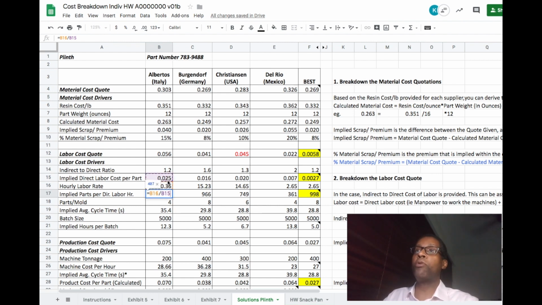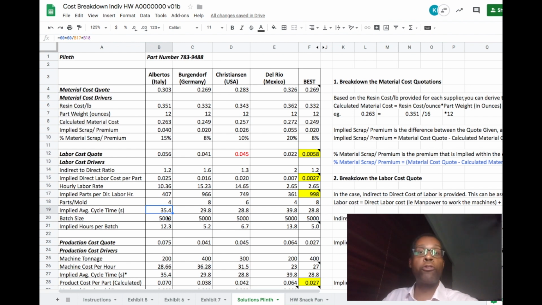So the implied parts per hour is given to us here, 407. The parts per mold is 4. Now the implied cycle time is your time in seconds and hours over how many parts per mold in your overall production. And so you get 35. And now here we also see that our batch size is 5,000.